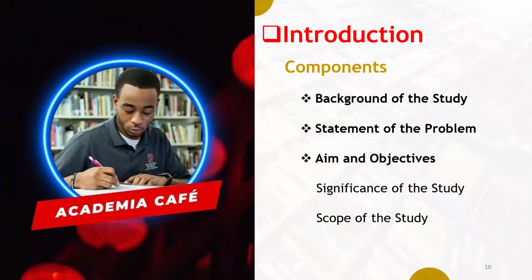When you are done with the background of the study, then move on to explain why your research is worth investigating. In most research proposals, this is the section of the introduction chapter referred to as the statement of the problem. What you do here is this.